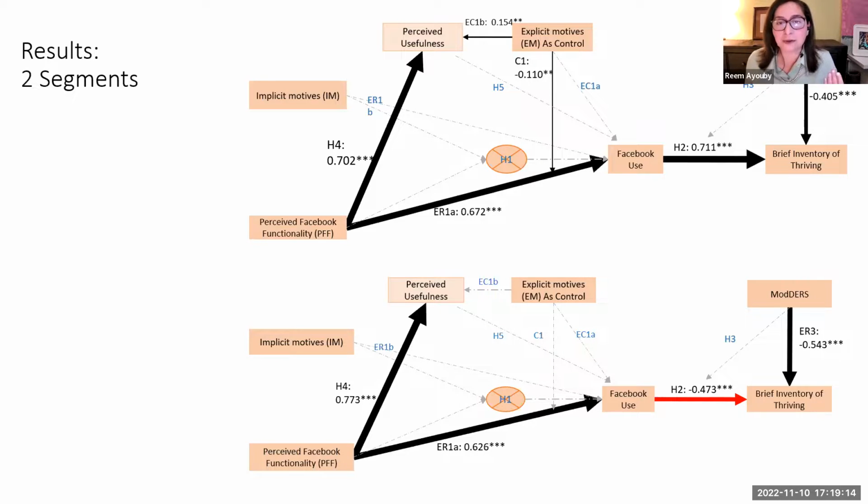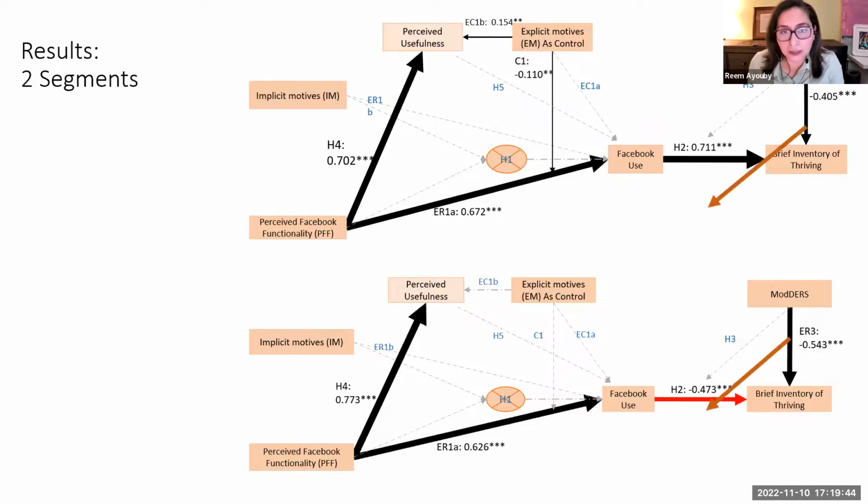But as Facebook use rises, let's say by 1 standard deviation, the well-being construct will also rise for this group. But for the other group, as the use rises, the well-being drops by 0.473. And the stars here mean that these are significant relationships.